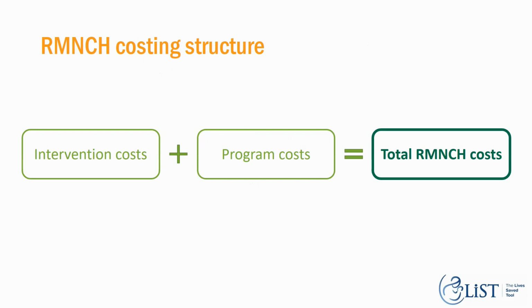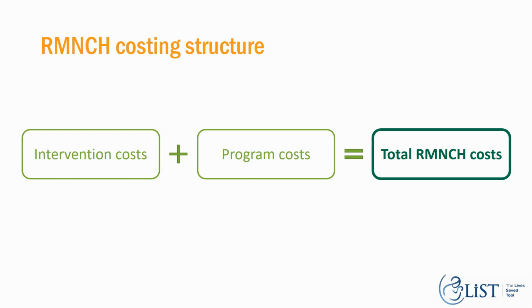So overall, LiST uses the following information to calculate the total RMNCH cost. First, LiST will calculate the cost associated with immediately delivering the intervention, meaning how many drugs we need, who do we need, how much of their time do we need, those very proximate calculations of how we cost out specific interventions.